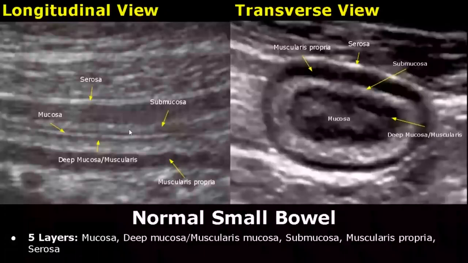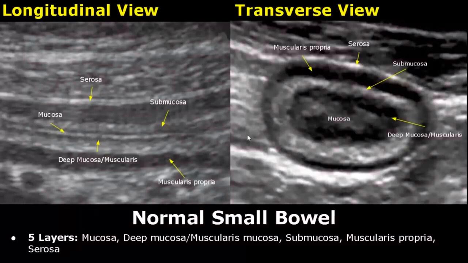The gastrointestinal tract has 5 distinct layers. The innermost layer is mucosa. It is hyperechoic. The second layer is the deep mucosa or muscularis mucosa. It is hypoechoic. The third thicker hyperechoic layer is submucosa, and deeper to that is muscularis propria, the fourth layer, which is hypoechoic.